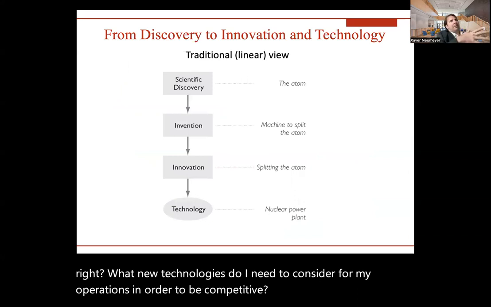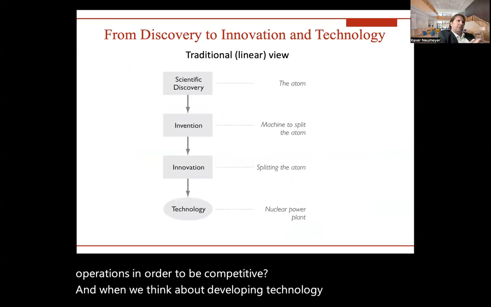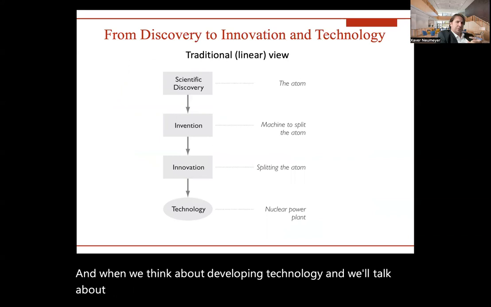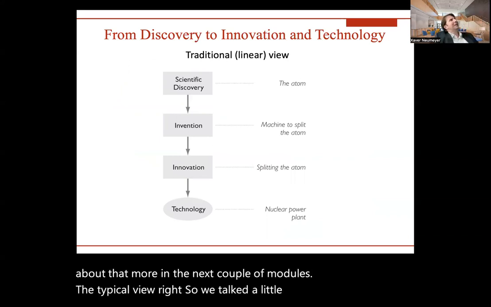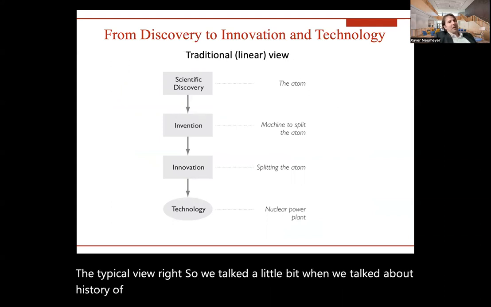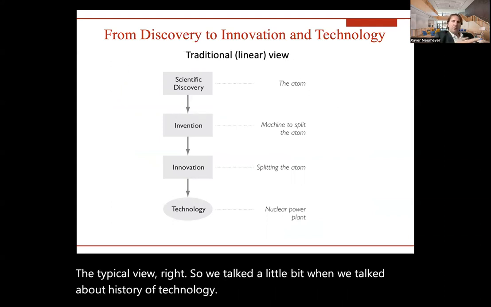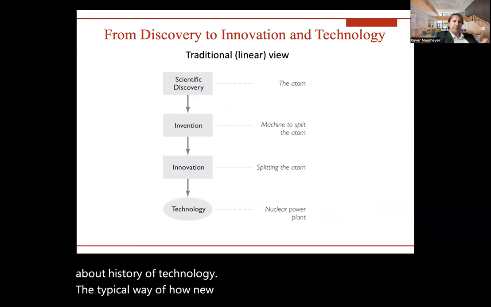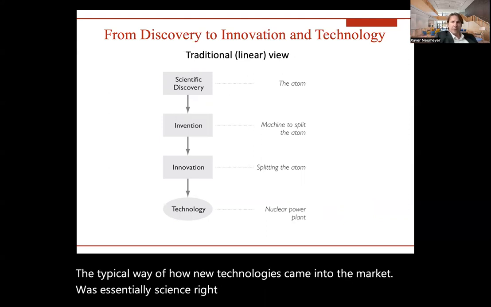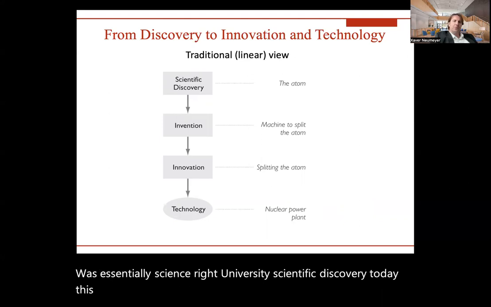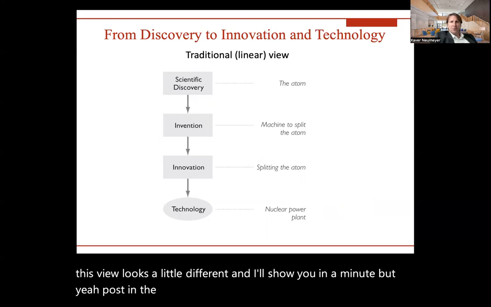And when we think about developing technology, and we'll talk about that more in the next couple of modules, the typical view, right? We talked a little bit when we talked about the history of technology. The typical way of how new technologies came into the market was essentially science, right? University, scientific discovery. Today, this view looks a little different, and I'll show you in a minute. But in the 1900s, post World War II, you still had a lot of companies running labs, right?